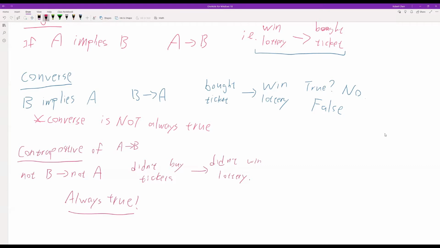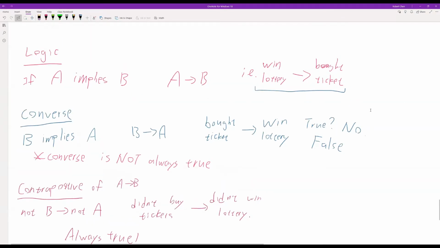The idea of talking about this is to get to our next topic, but take some time and understand what we're talking about here. If you have a statement A implies B, you can use this example, or another example such as test and study, but sometimes that doesn't work out. If you win the lottery, that means you bought tickets. That's true, we can all agree on that. Now, the converse, that you bought a ticket and you win the lottery, is not always true.